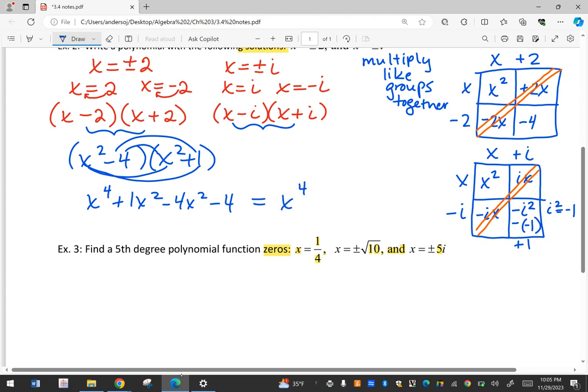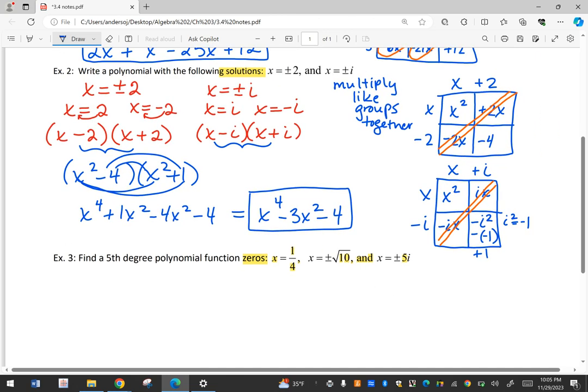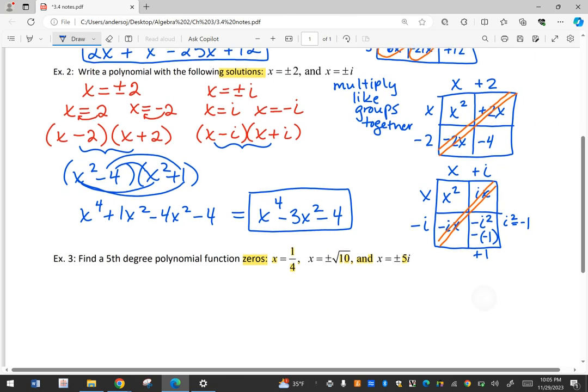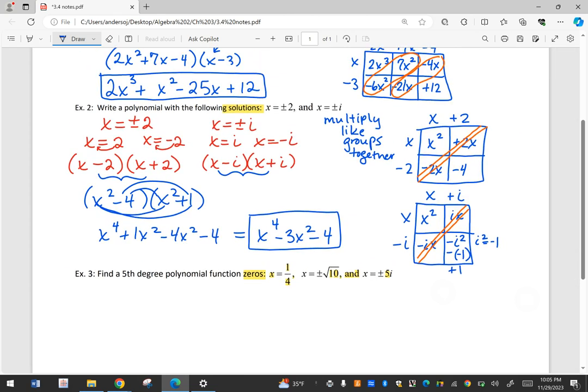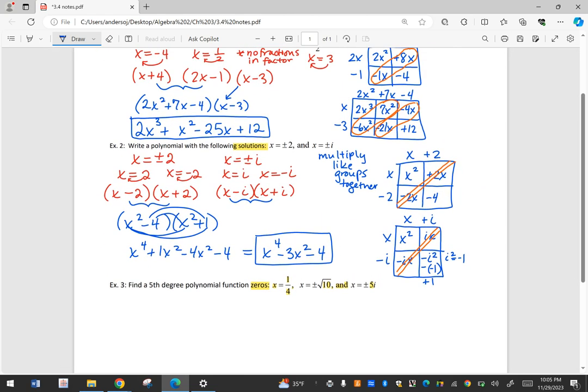When I'm multiplying a two-termed polynomial times a two-termed polynomial, it could even be easier to do that, but again, maybe it's helpful for you to put it back into the box and multiply those together. So here for this one, I would end up with x to the 4th minus 3x squared minus 4. Again, take a moment and pause and get that example copied down and make sure that you have all of your terms correct.